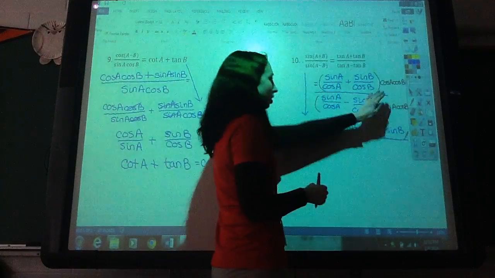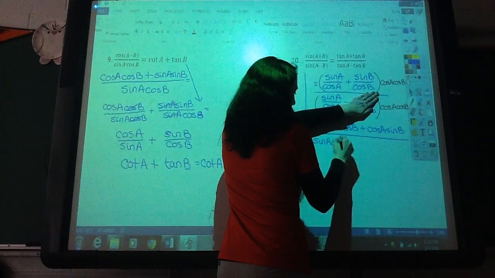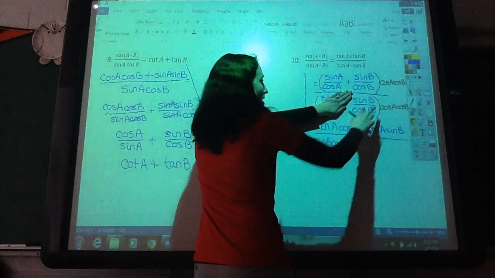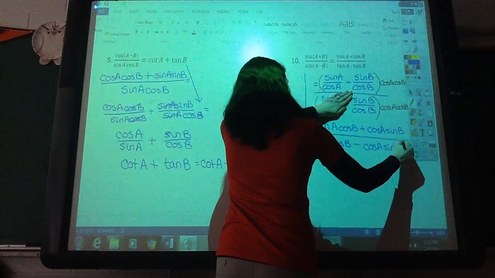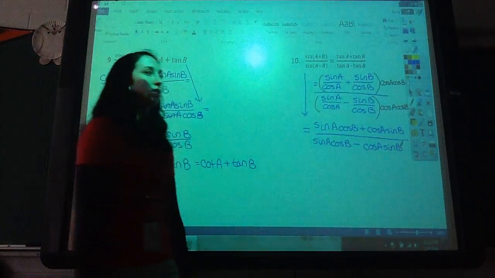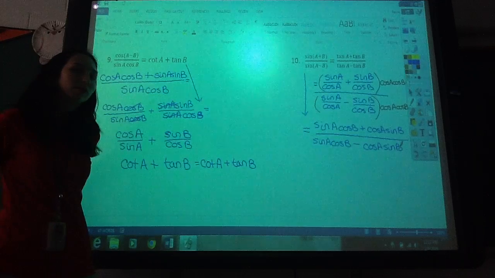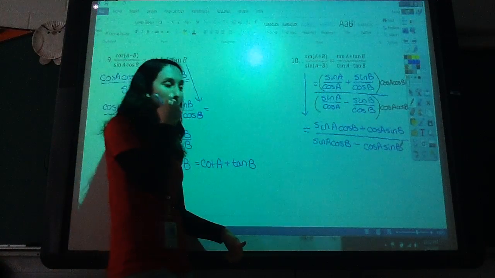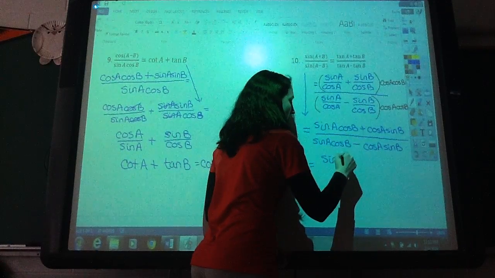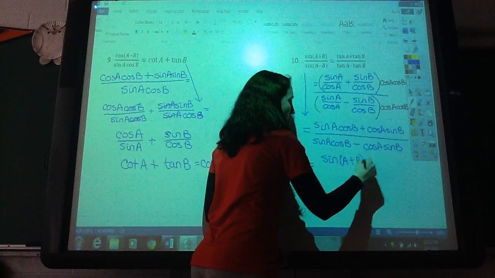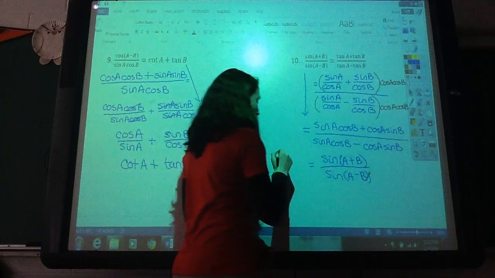On the bottom, cosine A's cancel, so I have sine A cosine B minus, cosine B's cancel, so I have cosine A sine B. And isn't that the sine difference formula from the top? Oh. Okay, I get this. Does that make sense? And then you can say, okay, well, this is the sine of A plus B, and this is the same as the sine of A minus B, which is what I was looking for.